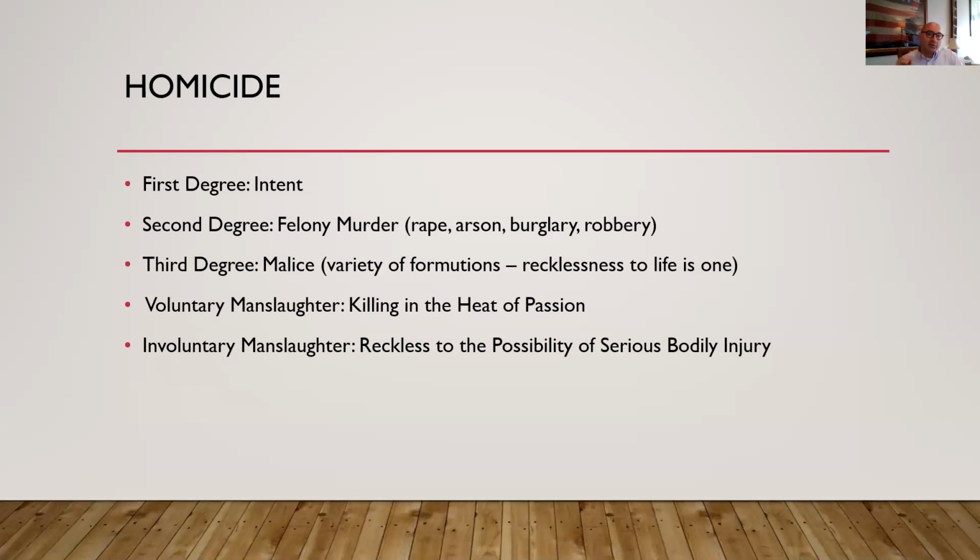In Pennsylvania, one of the really interesting formulations is that if you have recklessness with regard to the life of the person that you're doing something to, then that shows malice. The reason that's problematic is because involuntary manslaughter is recklessness to the possibility of serious bodily injury.